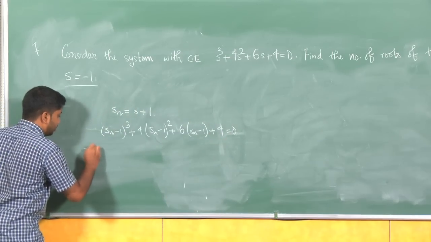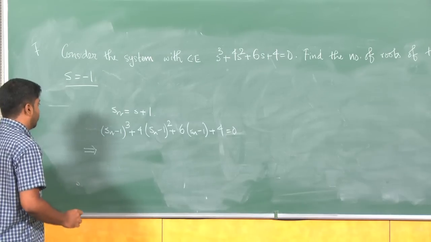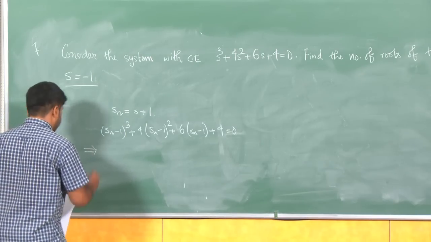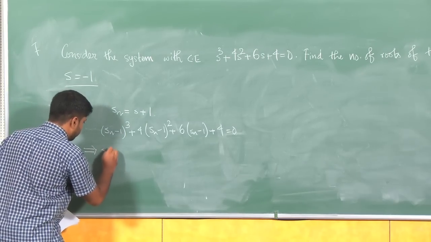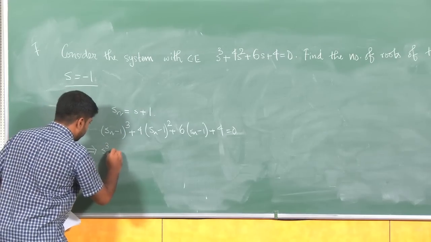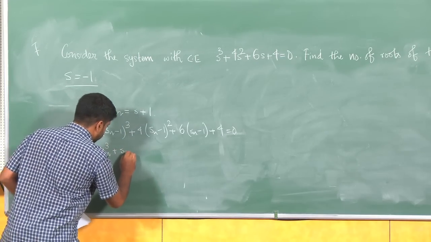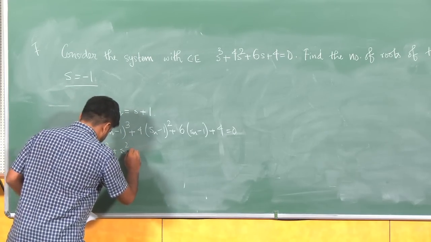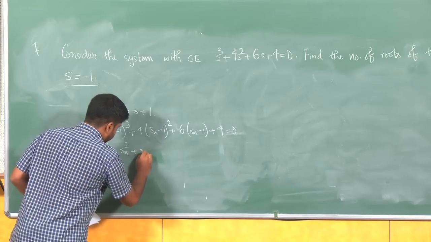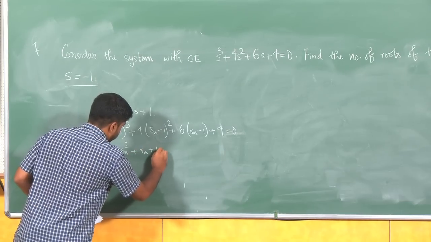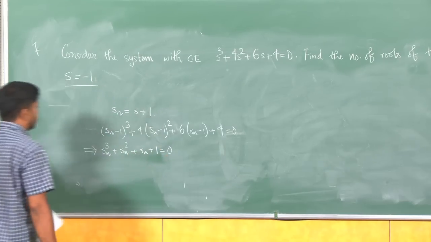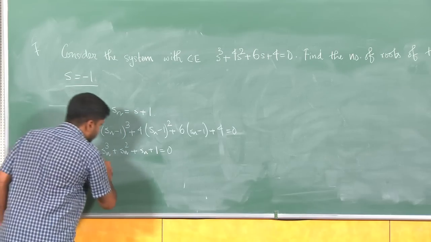So, if you calculate, you will find that the characteristic equation in terms of sn will be sn to the power 3 plus sn to the power 2 plus sn plus 1 is equal to 0. Okay.